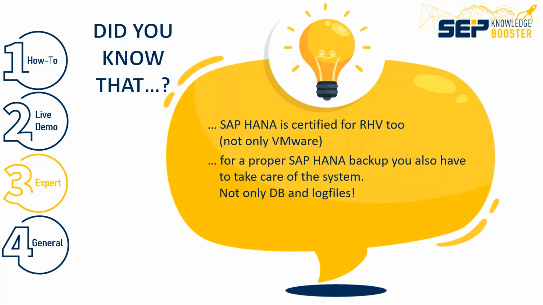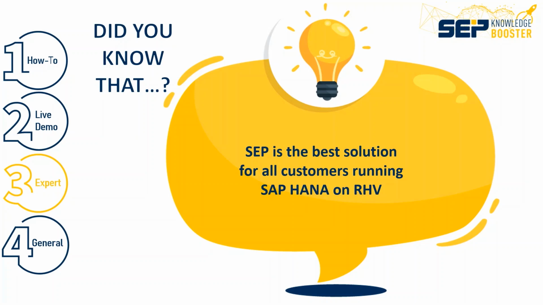You also have to take care of the operating system, and if it's a virtual environment running with RHV, then you can take care of the system if you do a snapshot-based backup of your virtual machine, which is used for your HANA installation. So in total, therefore, I can honestly say that SEP is definitely the best solution for all customers running SAP HANA on RHV. Well, Katrin, are you ready to take over?